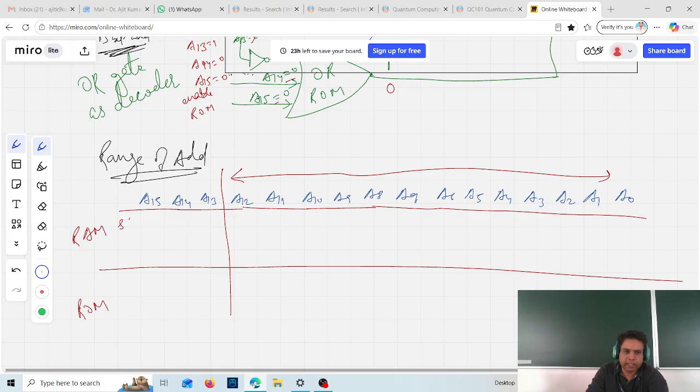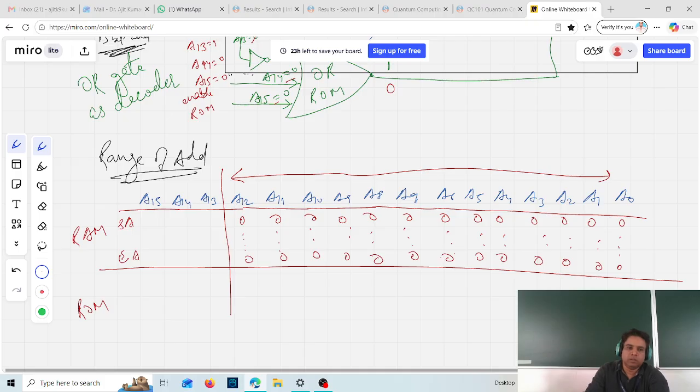So for the starting address SA and for the end address EA, the address lines which are directly connected will vary from all zeros to all ones. So we'll be putting 0 from A0 to A12 as the starting address. Intermediate address is not very important here.